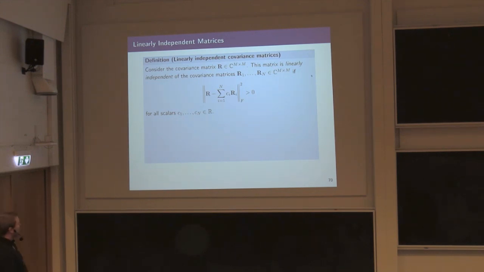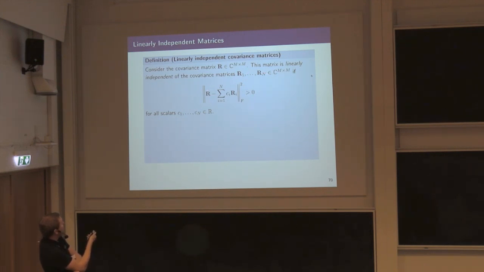I also define the notion of linearly independent covariance matrices. And you probably have heard about linear independence before. Something is linearly independent when you can't write it as a linear combination of the other ones. So in here we say that a covariance matrix R is linearly independent of some other covariance matrices if we can't write R as a linear combination of R1 to Rn here.